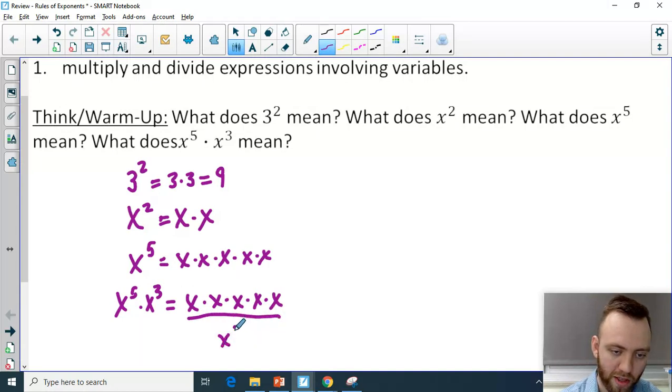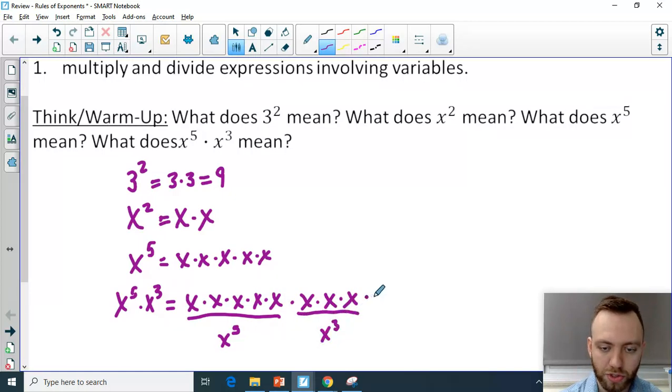That's x to the 5th. And then we have times, and then x cubed is x times x times x. And that's x cubed, which notice altogether that's x to the 8th. And we might see a pattern there that 5 plus 3 is 8.